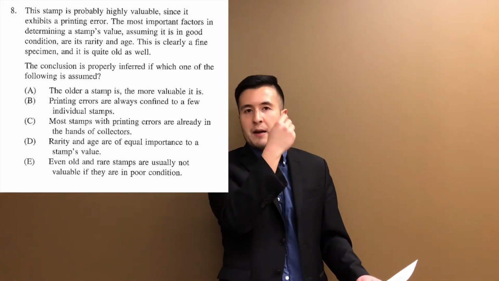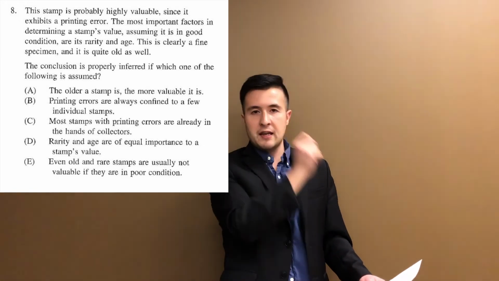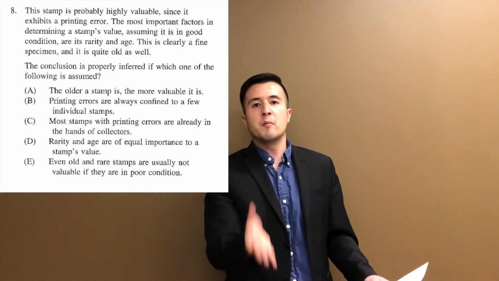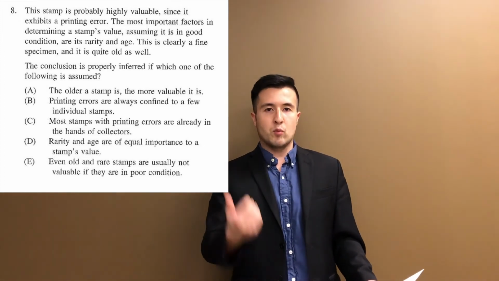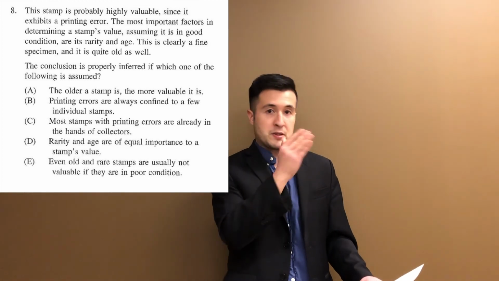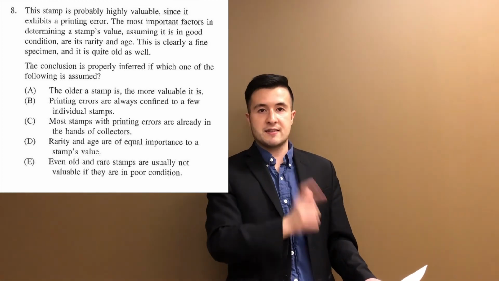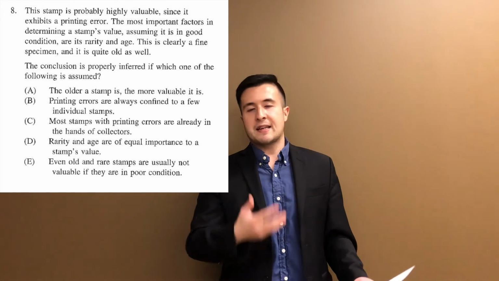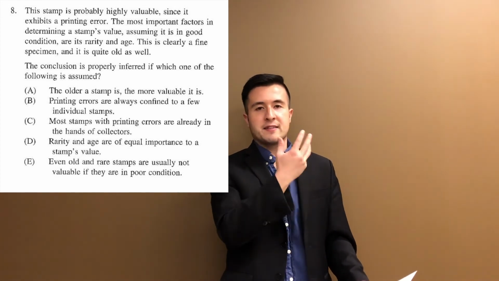So we know that the stamp is in good condition. We know that if a stamp is in good condition, the most important factors for determining its worth are rarity and age. Well, we know that the stamp is old, so the question becomes, is the stamp rare? So the only thing that's now missing is proof that the stamp is rare.